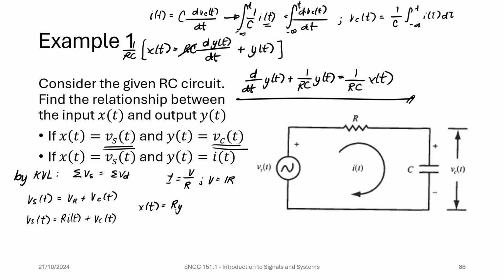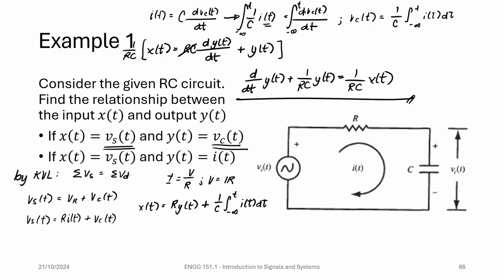So we have R y of t plus Vc of t, which is equal to 1 over c multiplied to the integral from negative infinity to t of I of tau d tau.